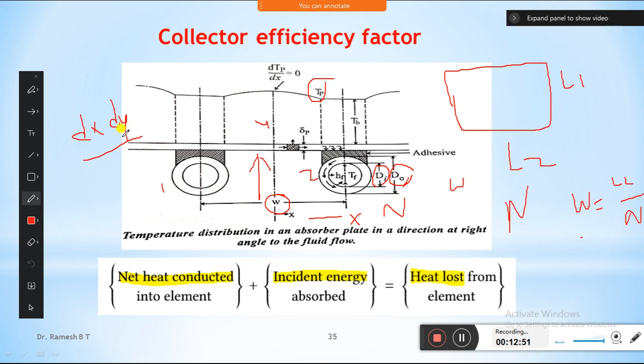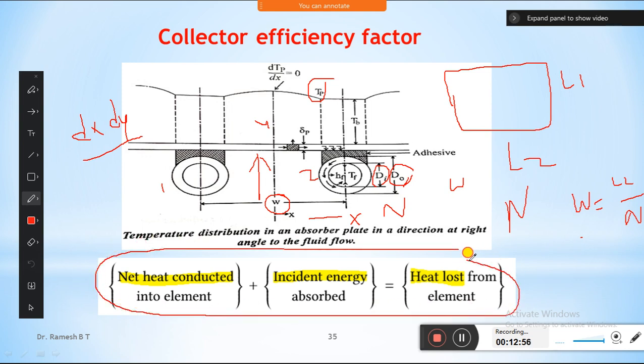And the final equation from this, we can write as the heat loss from the element, just considering the small element.